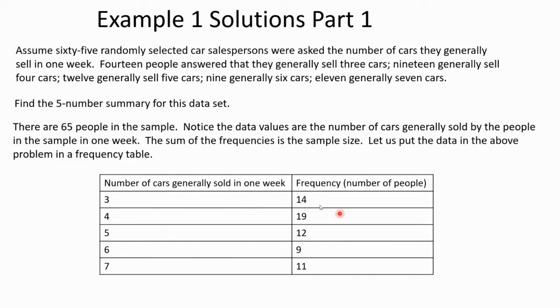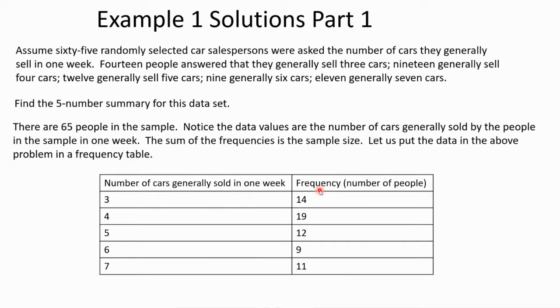We put it here in a frequency table. And even if I didn't write it down, it should be easy to see that the sum of the frequencies should be 65, the sample size.